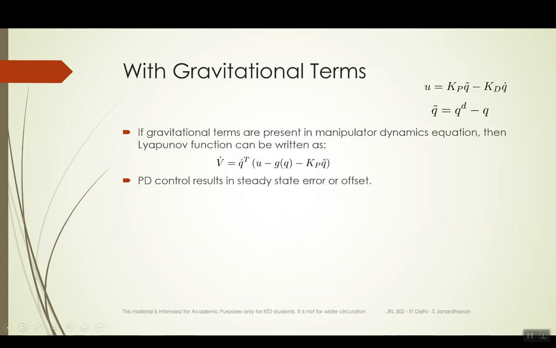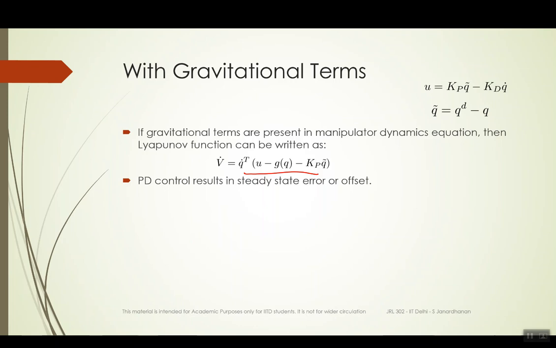Okay, now until now we have ignored the gravitational term, and if you add the gravitational term without changing the control, what you end up with is that instead of v dot being equal to just q dot kp q dot, you end up with v dot being equal to this expression.